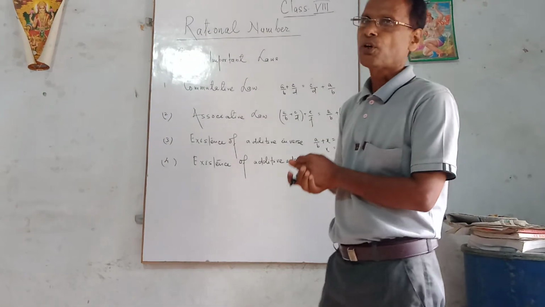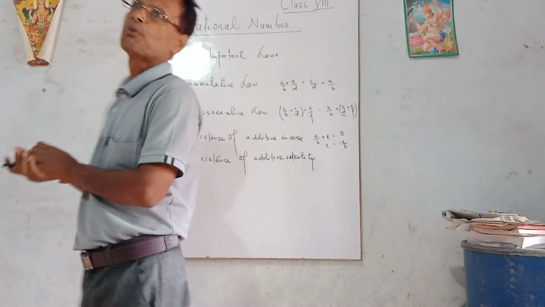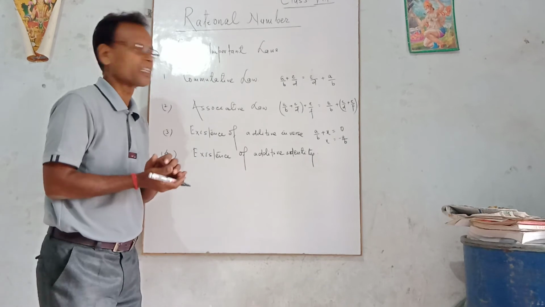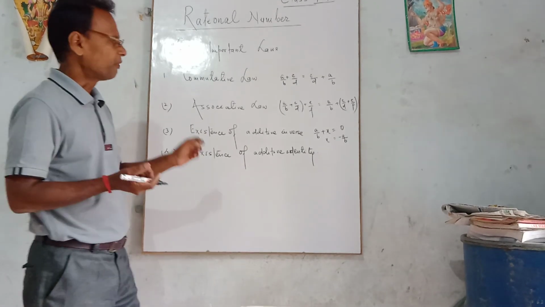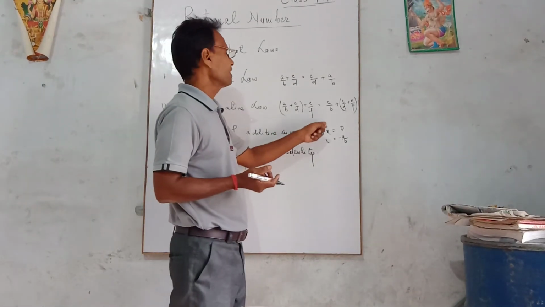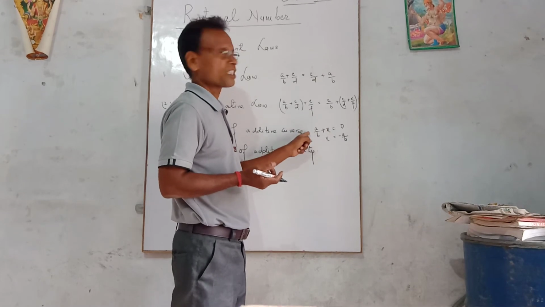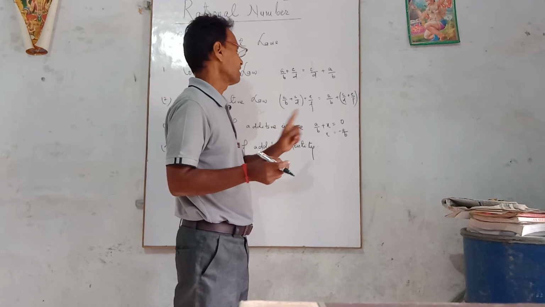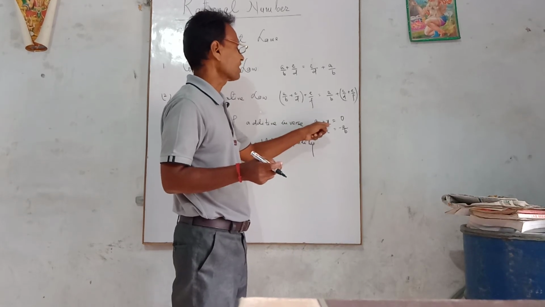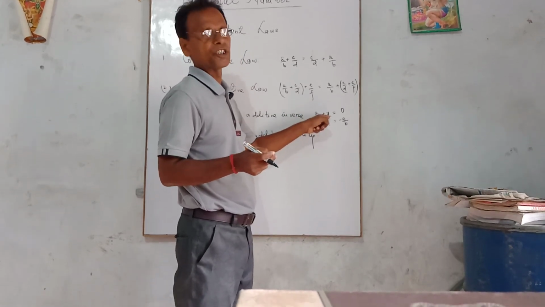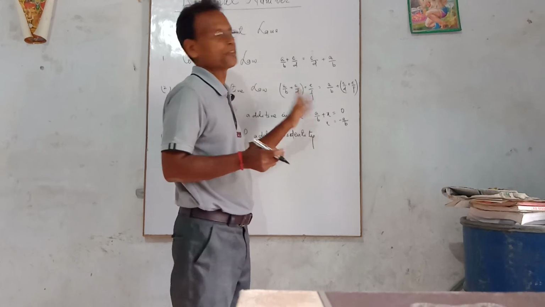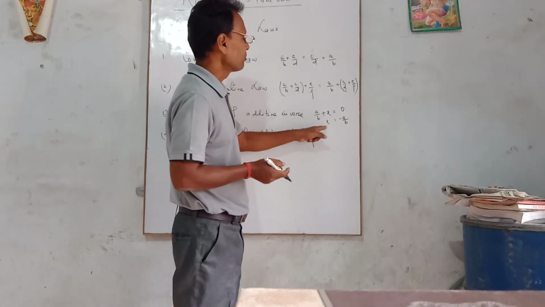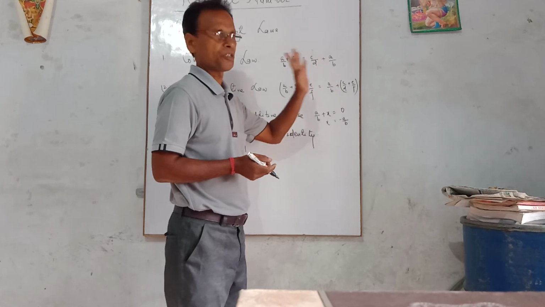That's why we can boldly say that the number which, when added to a given rational number, gives the result 0, that number x is called the additive inverse of a by b, and its value will be minus a upon b.